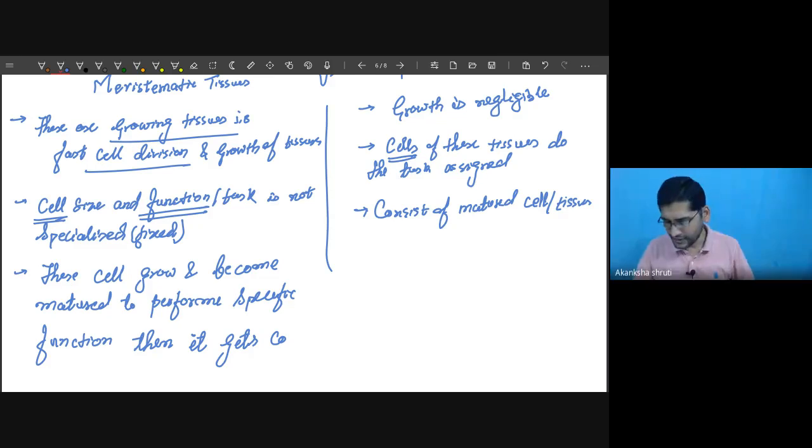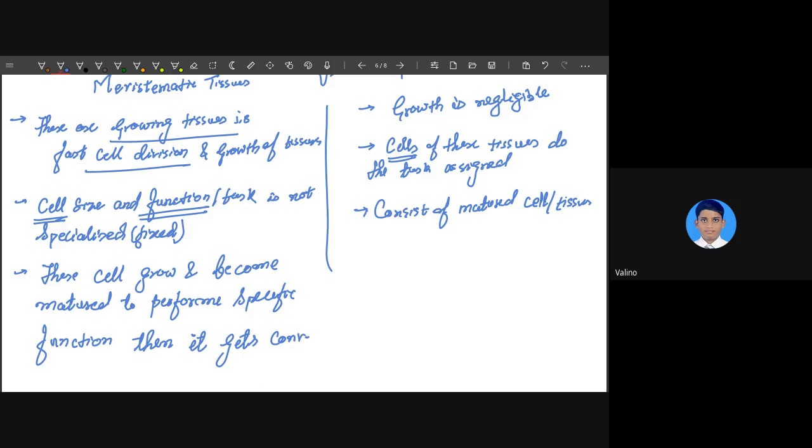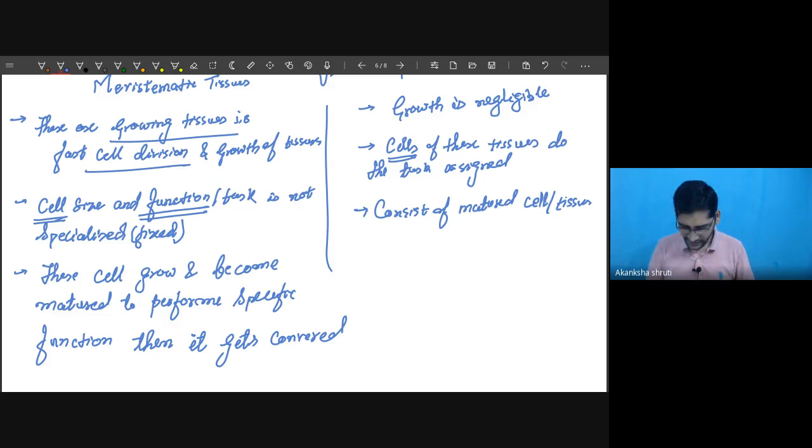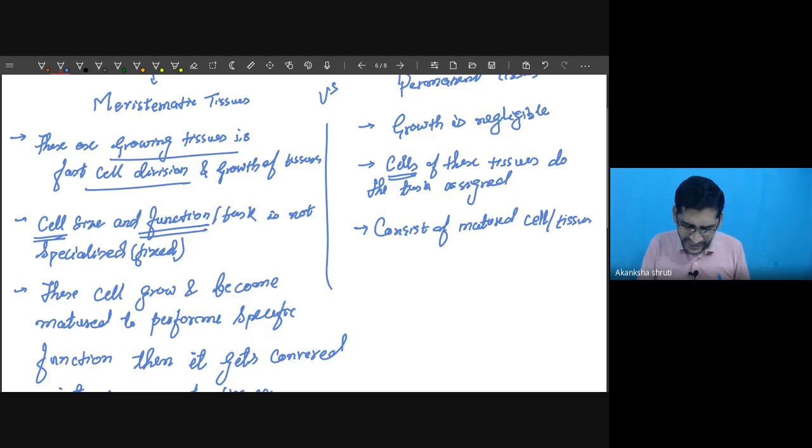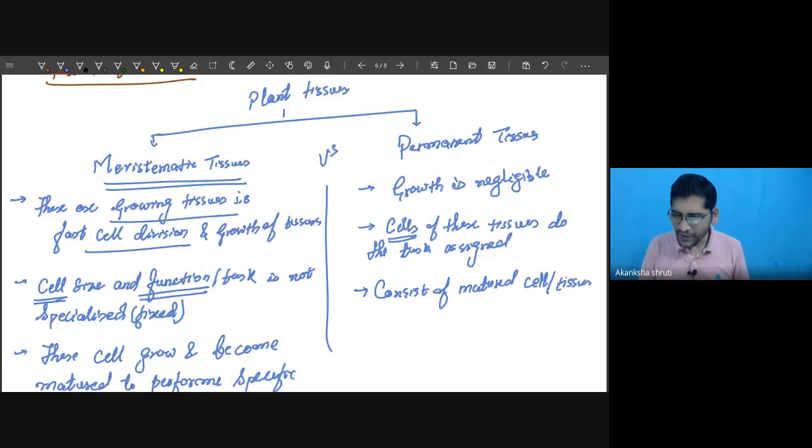Permanent tissues, students. Converted into permanent tissues. Meaning these meristematic tissues finally get converted into permanent.